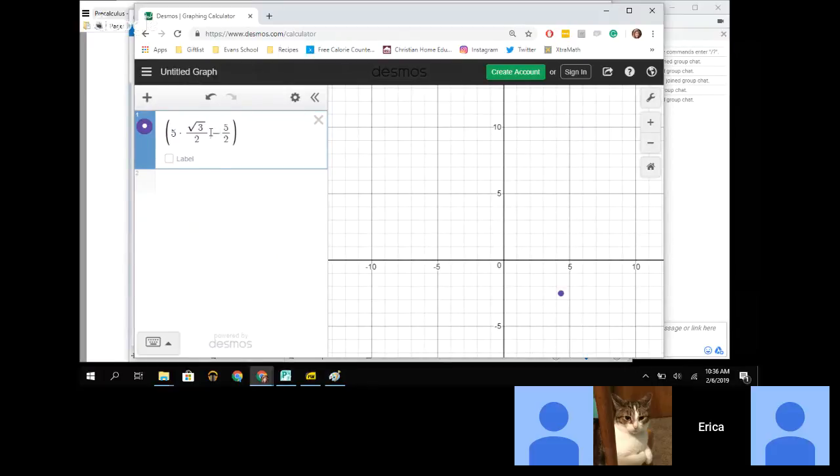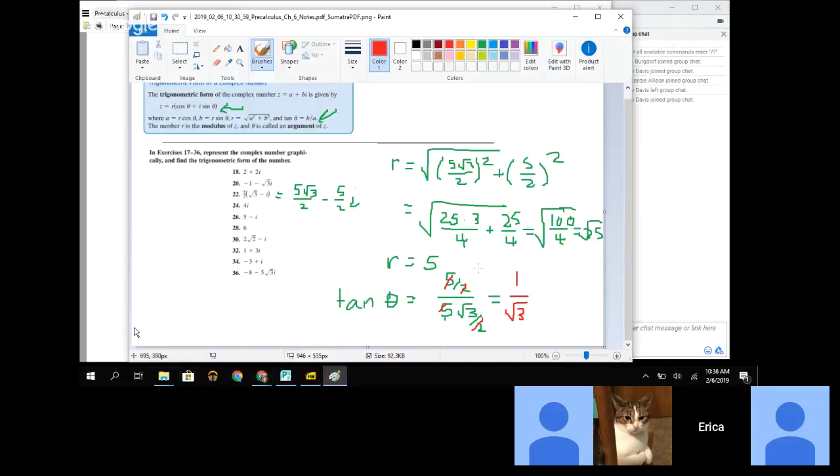So I'm looking at my notes. That works a little bit better with what I'm trying to do. So this is where it's at on my unit circle. Now if I look at my unit circle and see where the tangent equals 1 divided by the square root of 3, you're going to find that theta equals 5 pi divided by 3.